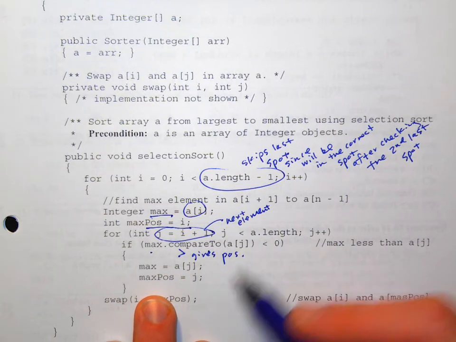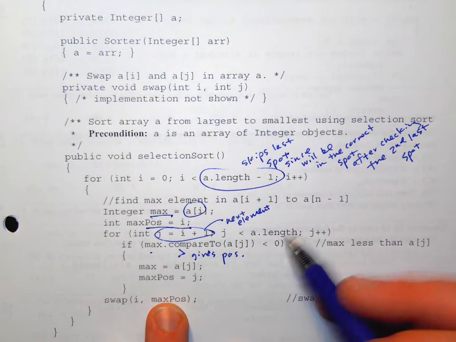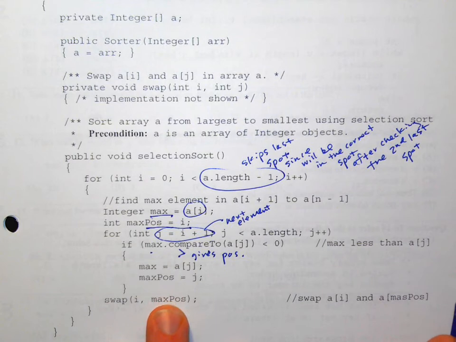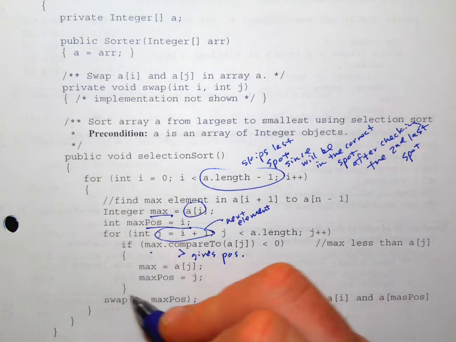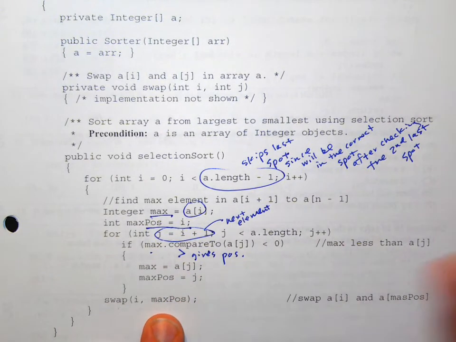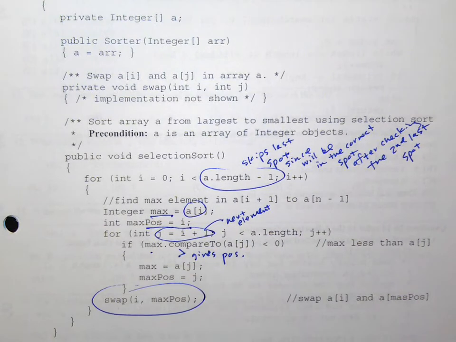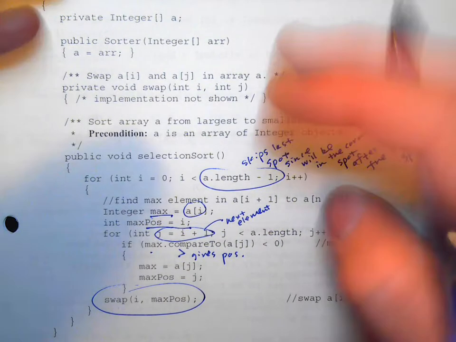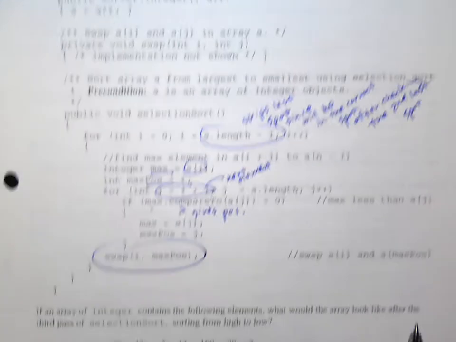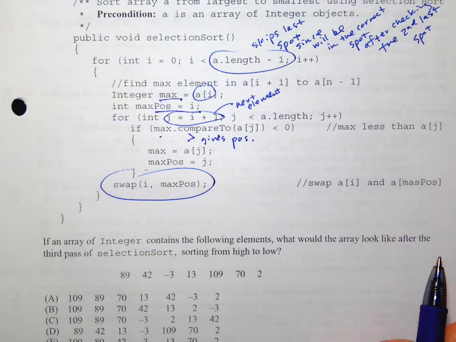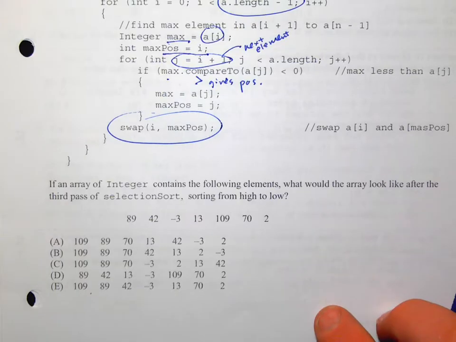But then we've got to keep looking until we've gone through the whole thing and found really what is the maximum of what's left. And then once we feel confident that we have the maximum of the rest of the array, we do a swap. So that's just the code for selection sort for a descending order, greatest to least.